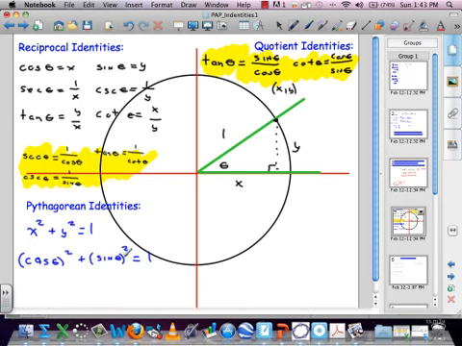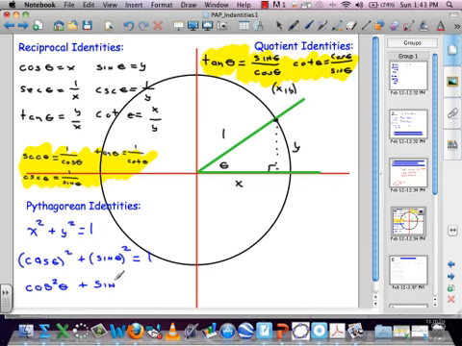Now, let me just talk about some notation real quick here. It is commonly written, instead of writing parentheses cosine theta parentheses squared, to write cosine, put an exponent right after the s and before the theta. It saves ink. And we're just going to understand that's what it means. The function cosine is being squared, not the angle theta. It's the same thing as saying this up here, but it's much less to write.